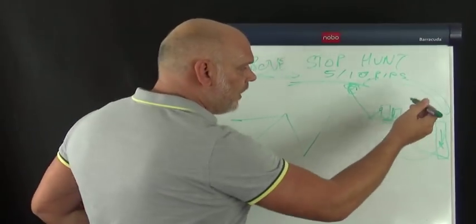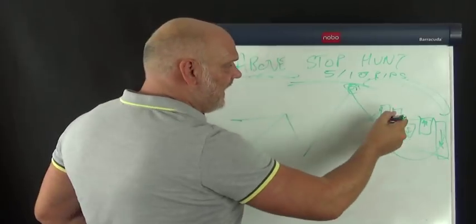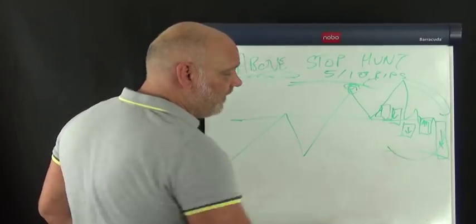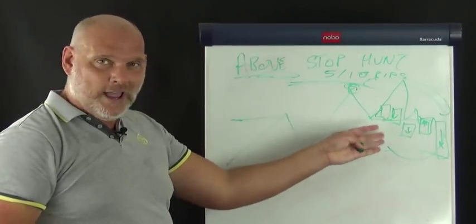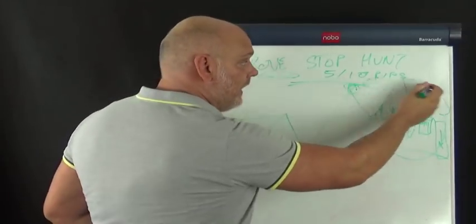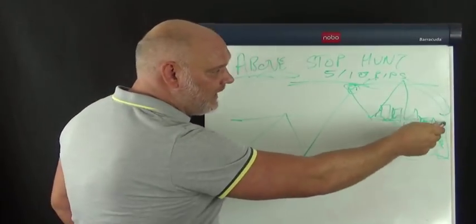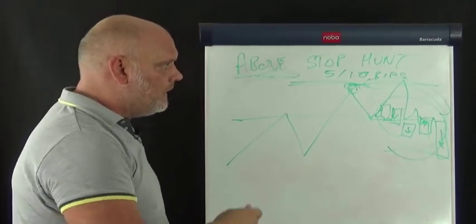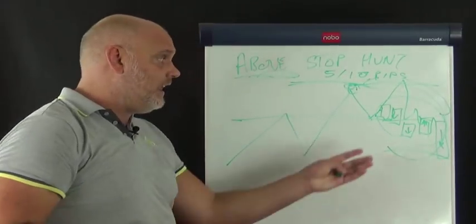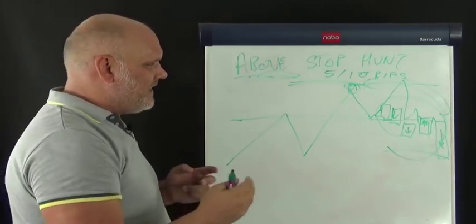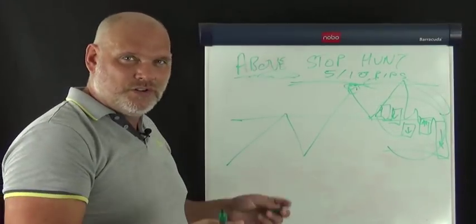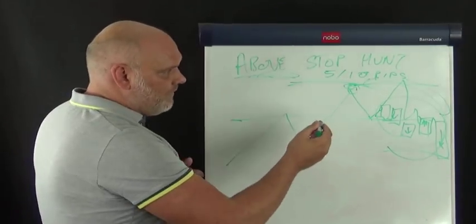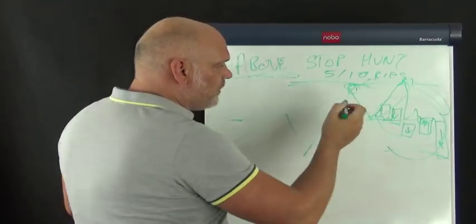Now, of course, what can sometimes happen is it can take another swipe up before it fails. But at this point, we have an edge. And if it does do that, and potentially you get stopped out and you get back in this similar situation, you can take the trade again. So you can literally do this twice, because it's not a situation where you're over trading per se. It's just that if it does go back up, what's the reason for that?